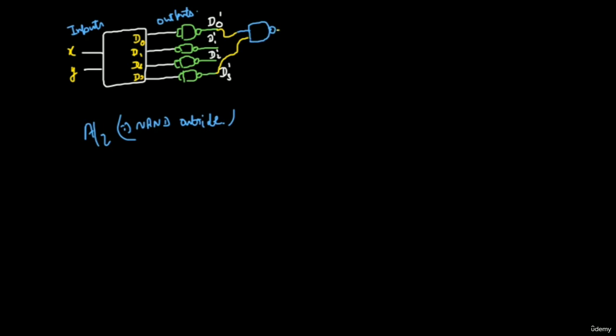And here what we are going to get through the NAND gate's formula is D0 dash dot D3 dash, as the AND gate type operation happens all the time here. And as per De Morgan's law, we can write it as D0 plus D3.